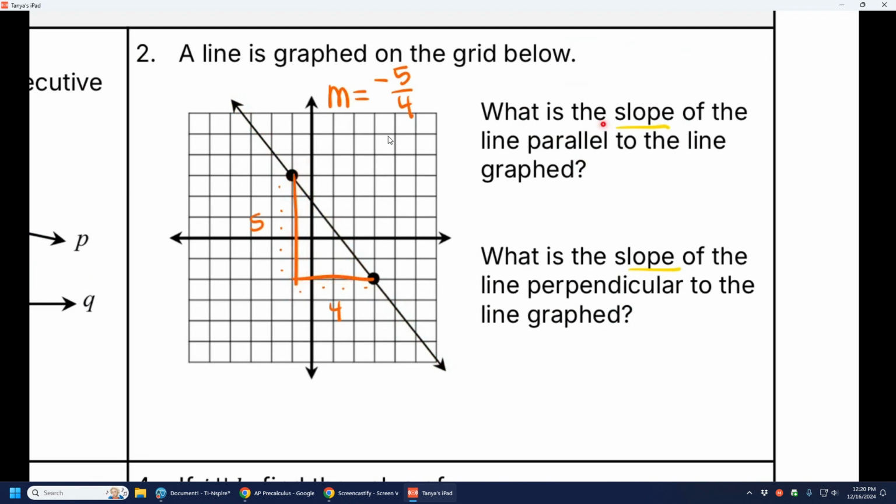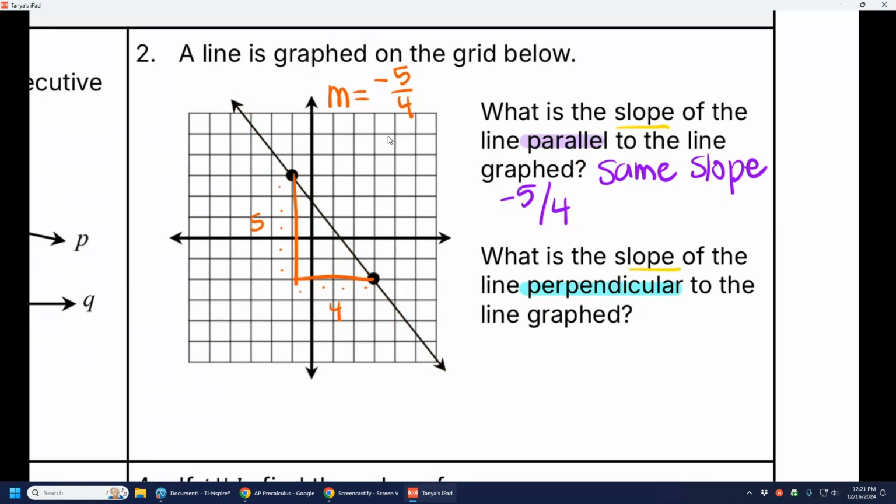Okay, so if I want the slope, so not the whole equation, just the slope of the line that is parallel to that line, parallel lines always have the same slope. So if the one graphed is negative 5 over 4, then we would also want something that has negative 5 over 4 as a slope. But if instead they ask for perpendicular, we don't want it to be the same anymore.